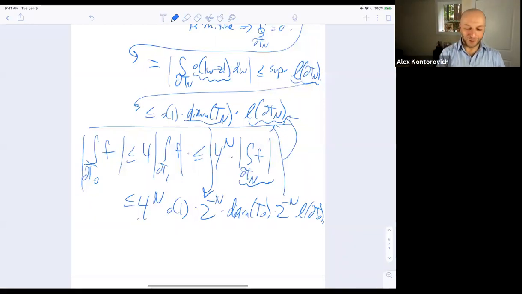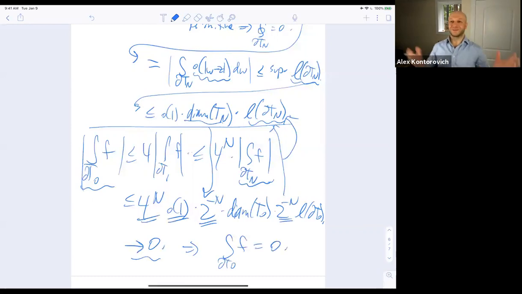The factor of 4 that we lost is offset by these two factors of 2 to the n, and because f is holomorphic, we still have something that's going to 0 as n goes to infinity. So the whole thing goes to 0, and we have something bounded by something going to 0, which implies the whole integral was originally 0 to begin with.